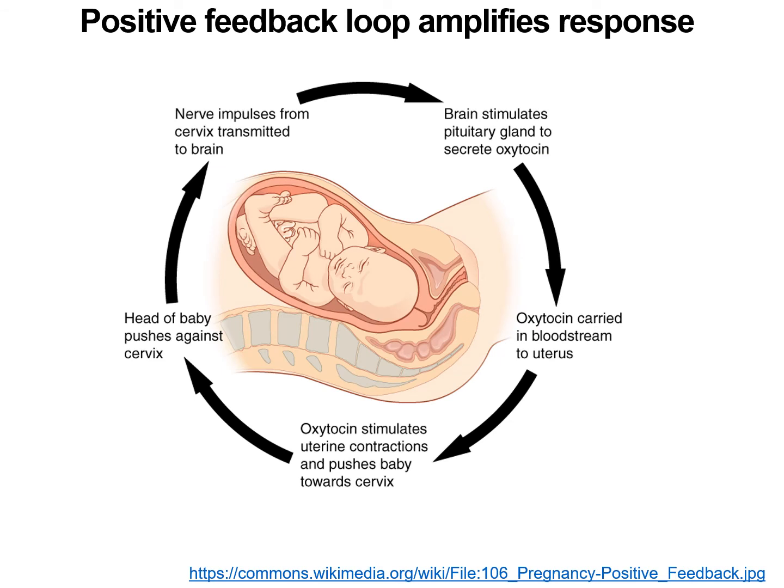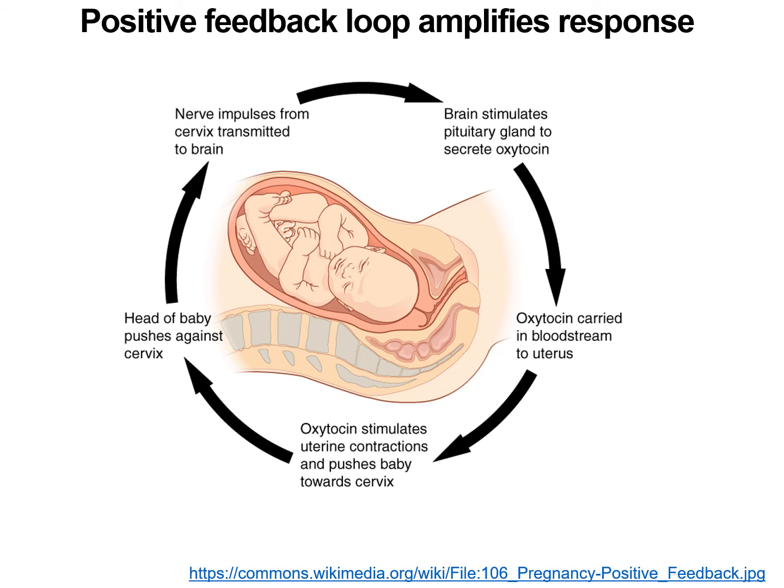There are other kinds of feedback loop which actually do not reset the system to where it was initially, but actually try to amplify the response so that the system can reach a completely different state. For instance, in the context of the delivery of a baby during childbirth, what happens is that once the head of the baby starts to push against the cervix, there are different biochemical messages which are sent across the body of the mother, and what that entire biochemical message pathway tries to do is to push the baby towards the cervix.